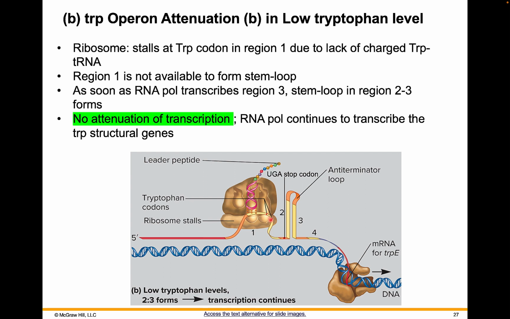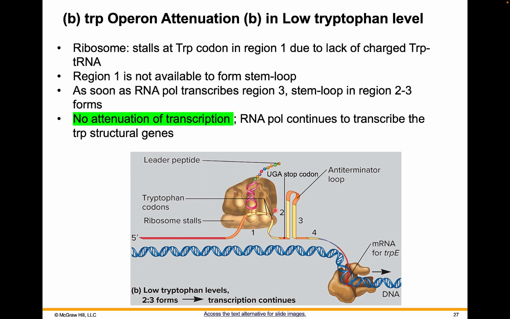Followed by that, you have another tryptophan codon just after that. But remember that when you have a low tryptophan level, you do not have much charged tryptophan tRNA in the cell. As the tryptophan tRNAs cannot occupy this space immediately because there are two trp codons one after another, the ribosome actually stalls in this region 1.